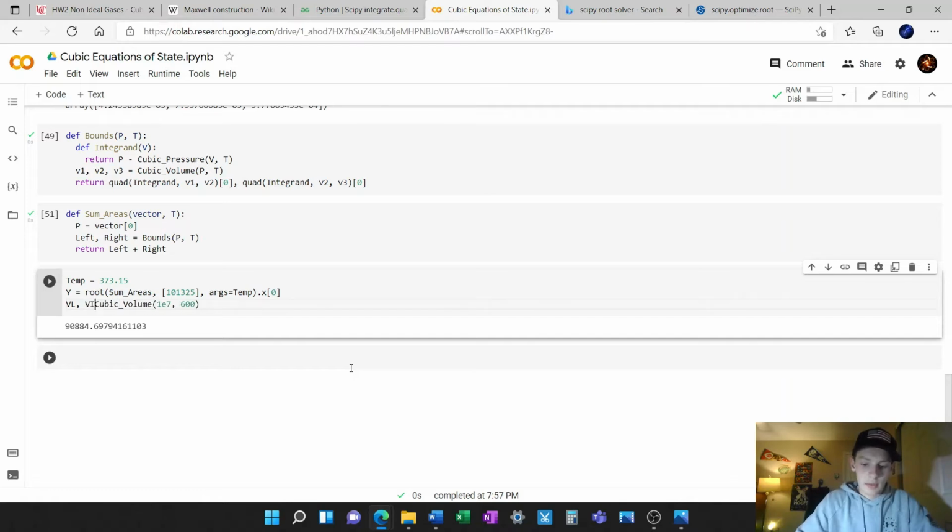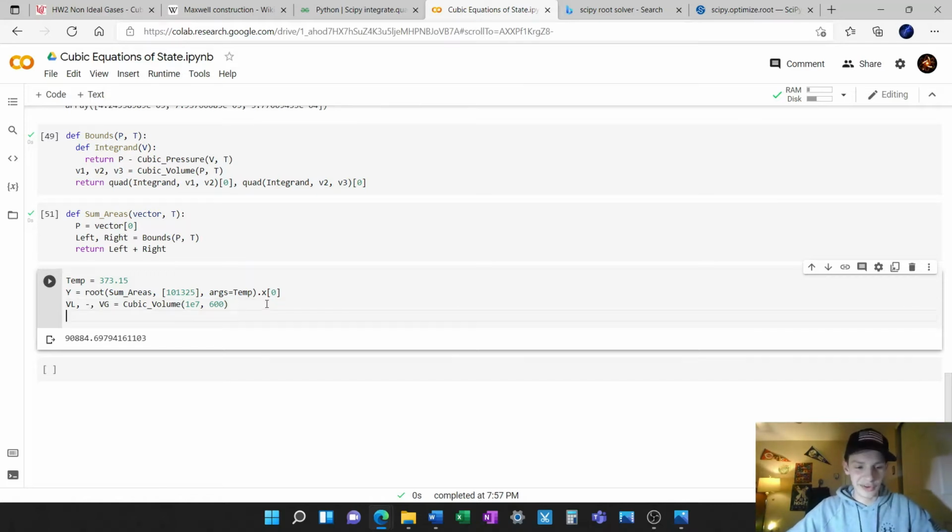And that is because we are below the critical point. And I'm doing VL, VI, and VG just for the volume of liquid, intermediate volume, which is just nothing, and a gas. And actually, since it is a nothing, we'll just put it as an underscore. That way, if someone was reading my code, they wouldn't be like, oh, what's this other weird volume? It's like, no. It's artificial.